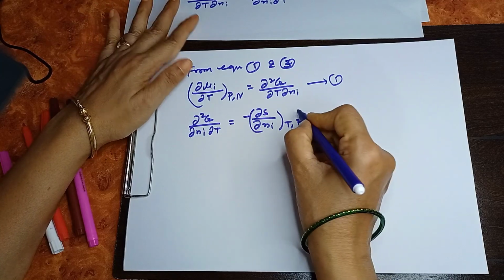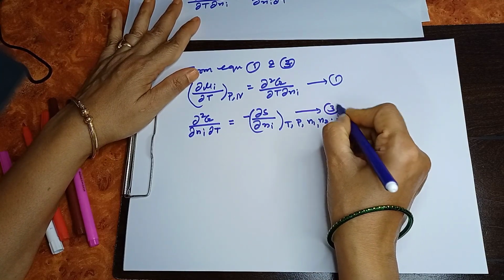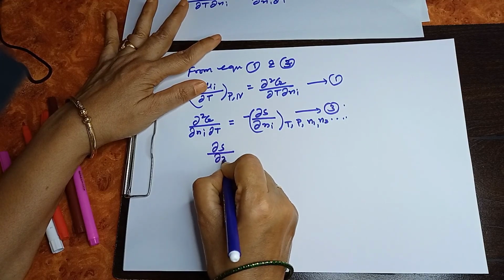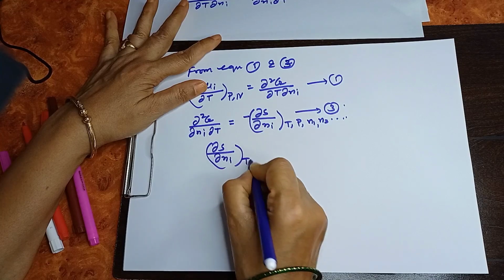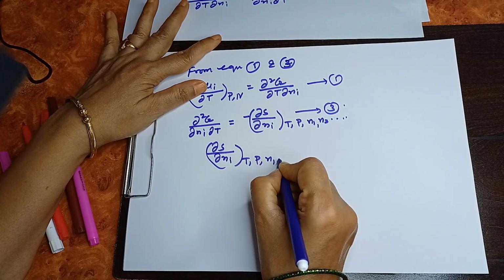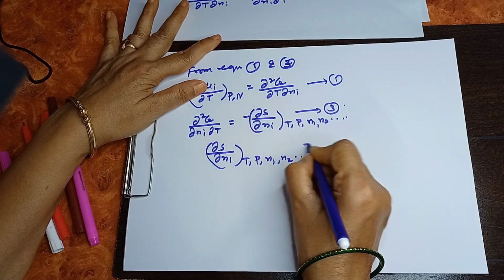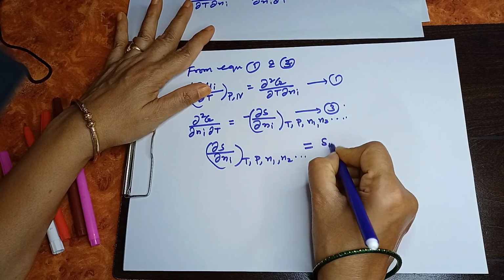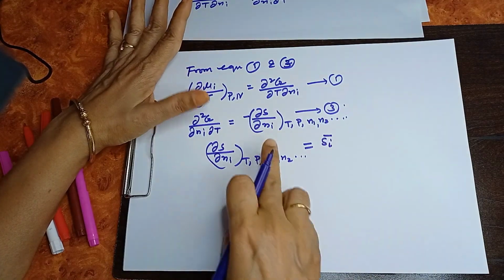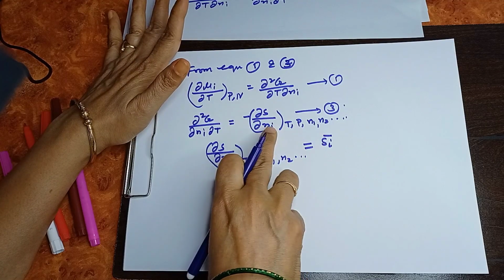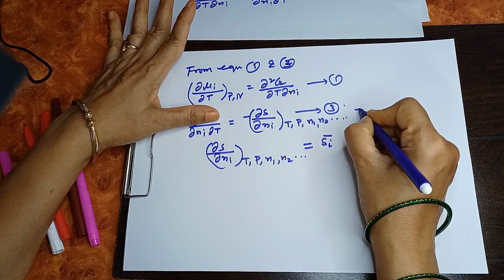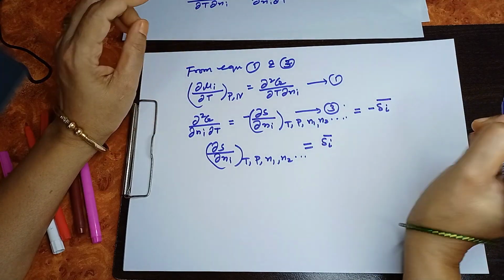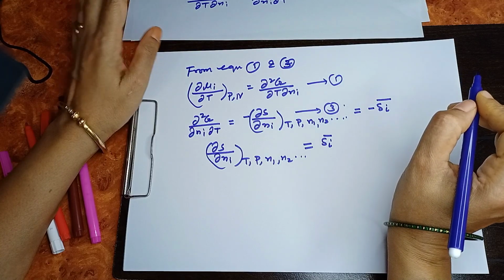And this one, my equation number 3, is ∂S/∂n_i at constant temperature, pressure and other components, which is nothing but the partial molar entropy, denoted by S_i bar. So in equation number 3, this one is equal to minus S_i bar, the partial molar entropy of the component i.